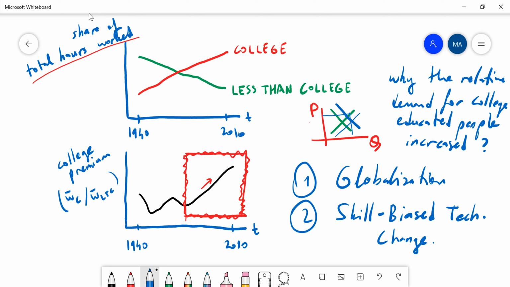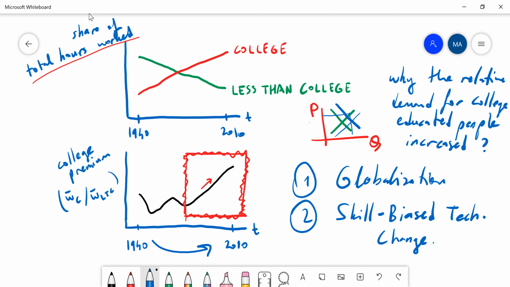The second reason is skill-biased technological change. So the data shows us that most of the technological change for this period, especially after World War II, is benefiting people with higher skills. So there is a complementarity. Technological progress is not uniform.